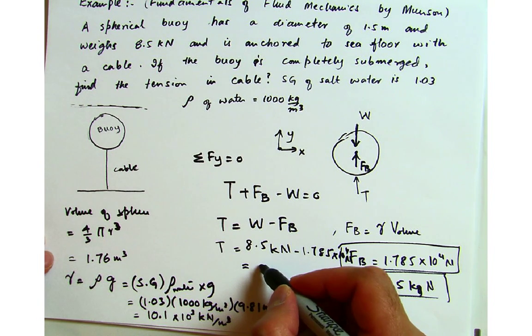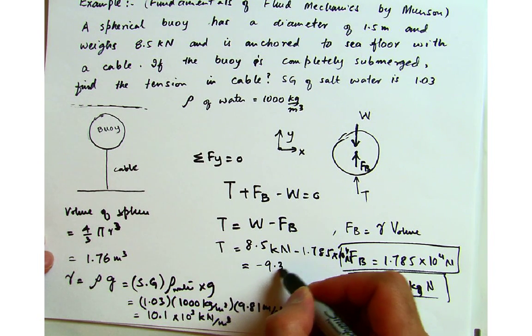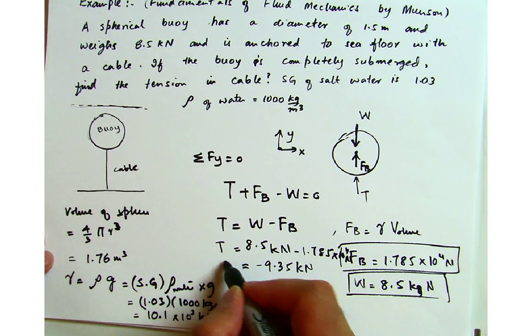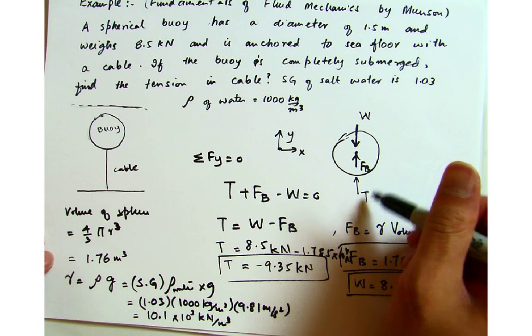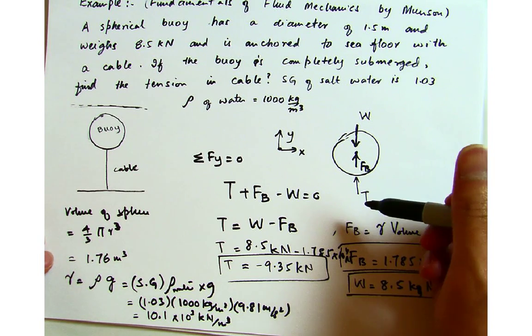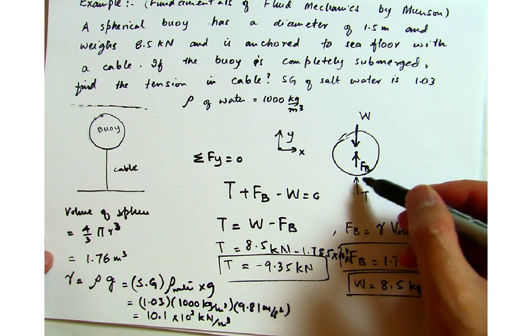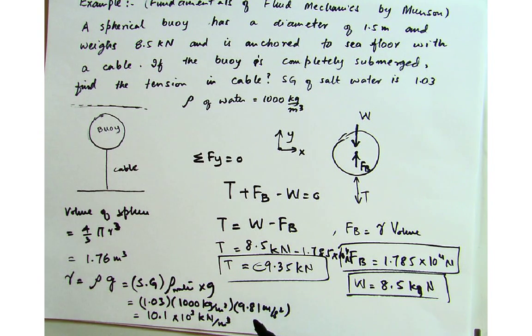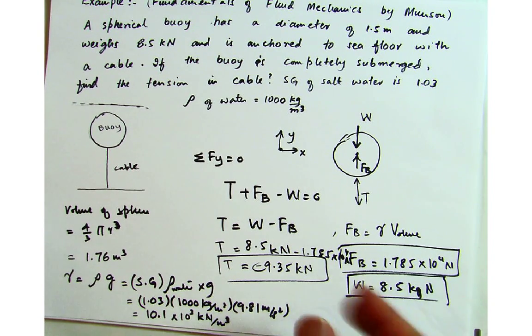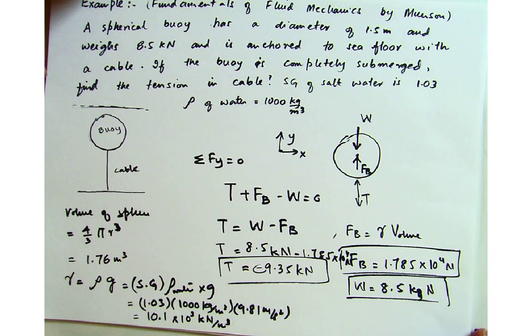It gives me a tension of minus 9.35 kilonewtons. What that tells me is that the assumed direction of this tension is not correct, so I have to choose it in the other direction. It should be on the other side, so the tension will be this way. The negative sign represents that I did not choose the correct direction, but the magnitude is 9.35 kilonewtons.